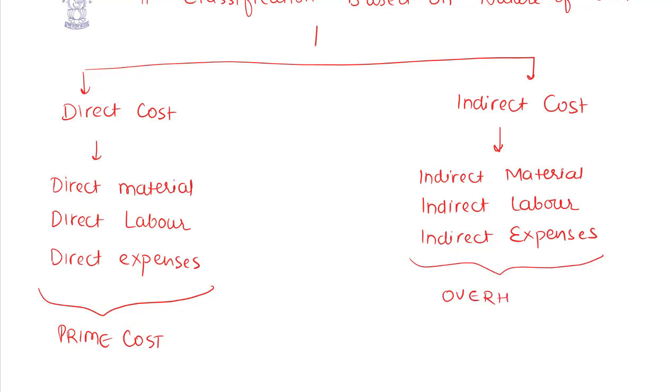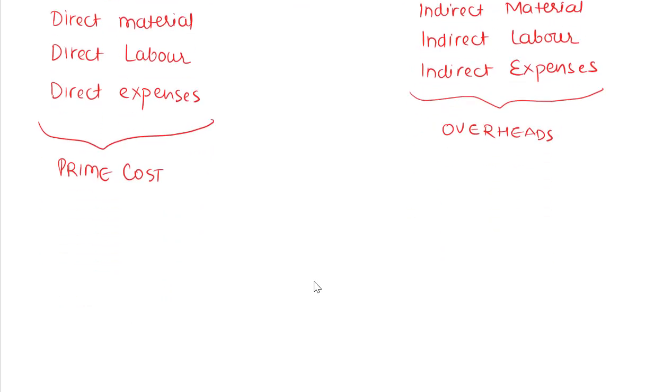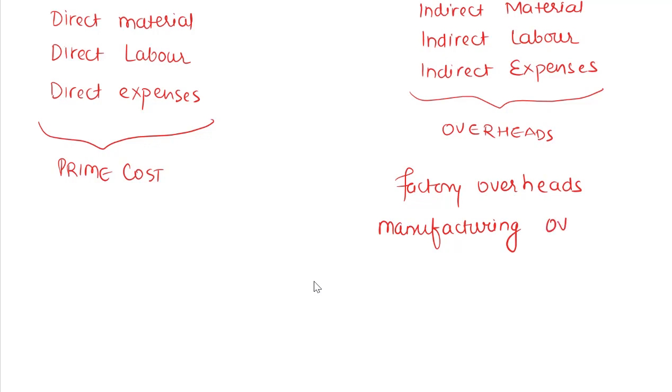Cumulatively, it is known as overheads, or we can call it factory overheads, manufacturing overheads, or production overheads. I believe you understood till here.